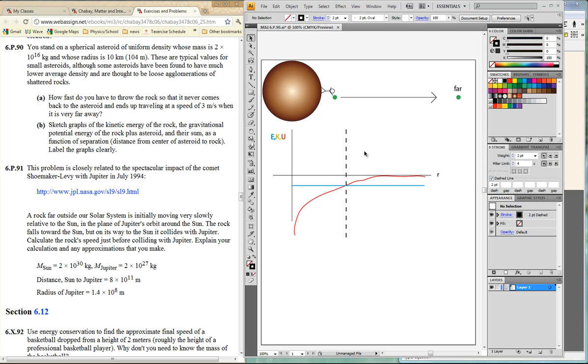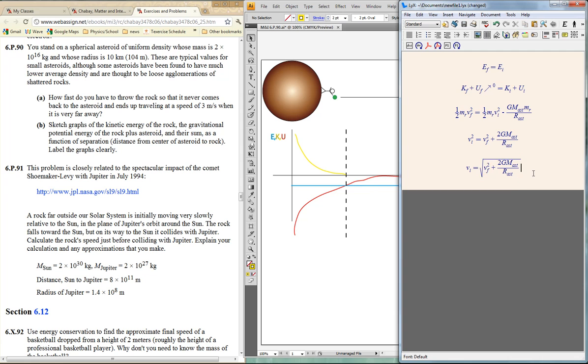So it can never go to the right of this line, because at this point, the total energy is all potential, and the potential can increase no more. And then we can go about drawing kinetic as usual. Well, it's going to stop at that point. That represents when you throw that rock up, that rock is going to stop eventually. So that's occurring at this particular radius. Right. So those are the three cases of interest that we might want to talk about.